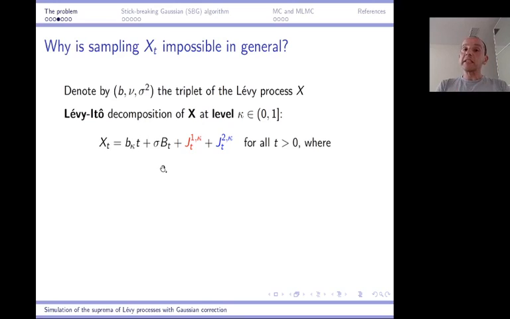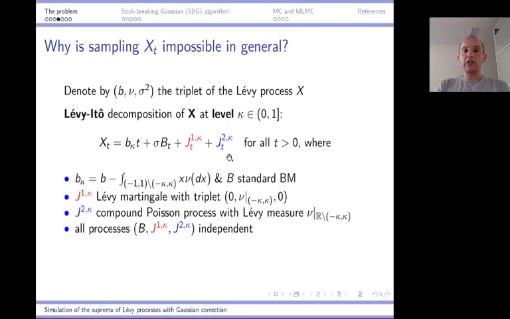Remember, I'm after increments now. I've got Brownian motion with drift, no problem with increments. I've got a compound Poisson component, with jumps larger than kappa, and that's no problem with increments in principle also. And I've got this one here, which is a pure jump Levy martingale consisting of all the small jumps of X, smaller than kappa.